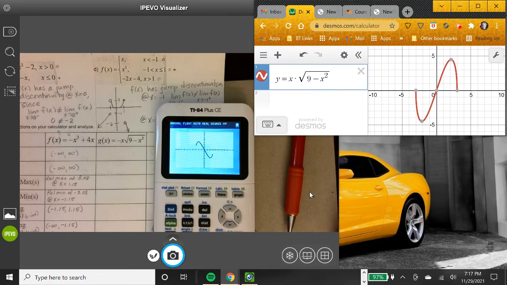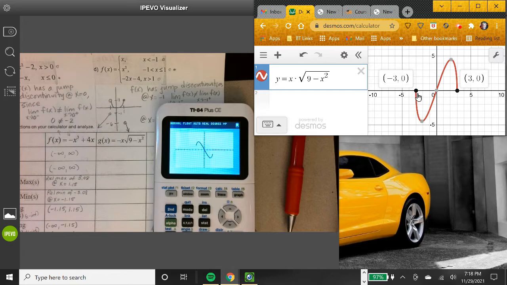What do you notice? Well, this one certainly goes to 0, and this one certainly goes to 0. But this one appears on your calculator to not go to 0. Well, that's because your calculator doesn't have the ability to draw all the points that go down to 0 here.